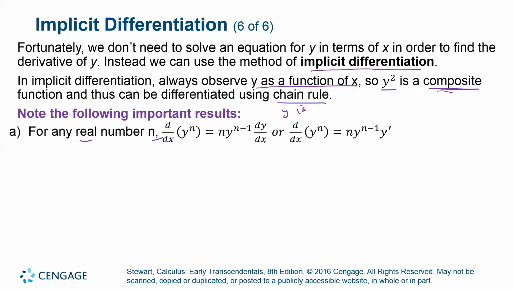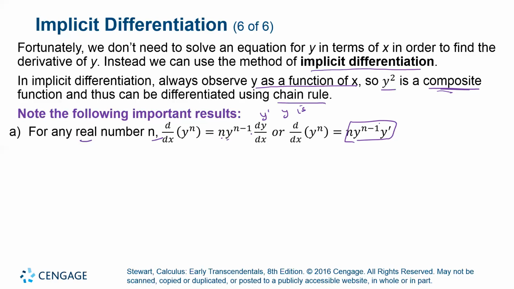Then we can use the chain rule. If you differentiate, you have n times y raised to n minus 1, and because of the chain rule, we multiply by dy dx. Either we write dy dx or we write y prime. Sometimes I'll be writing dy dx, or I'll use y prime.